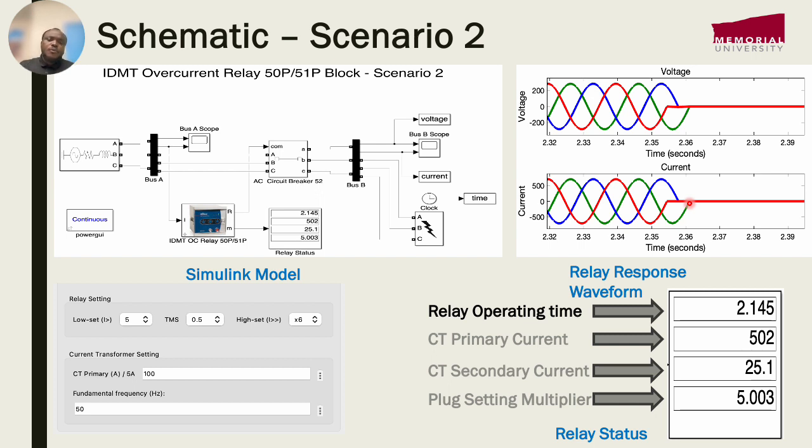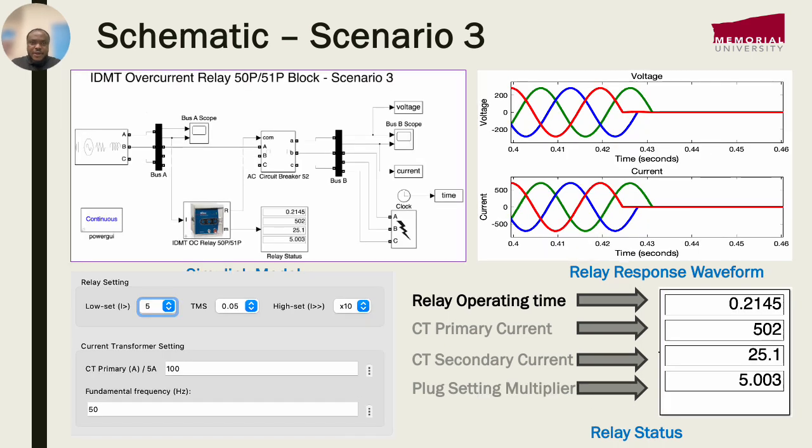So what happens when we increase the relay current, or the fault current, further? That is answered in scenario 3. In scenario 3, we changed the TMS further from 0.5 to 0.05, and for the higher current multiplier, we multiplied the current output by 10 times to see how this would behave.